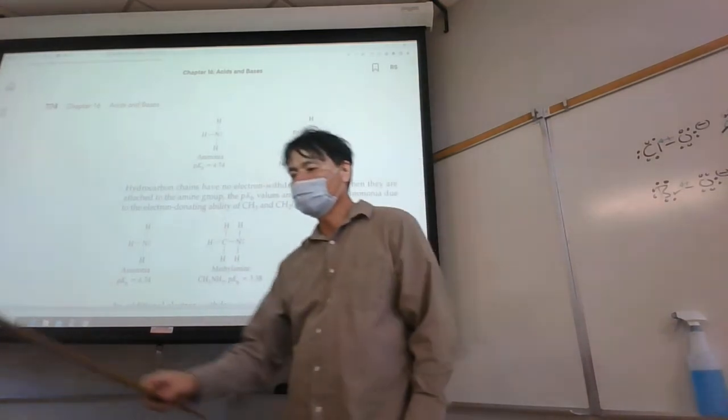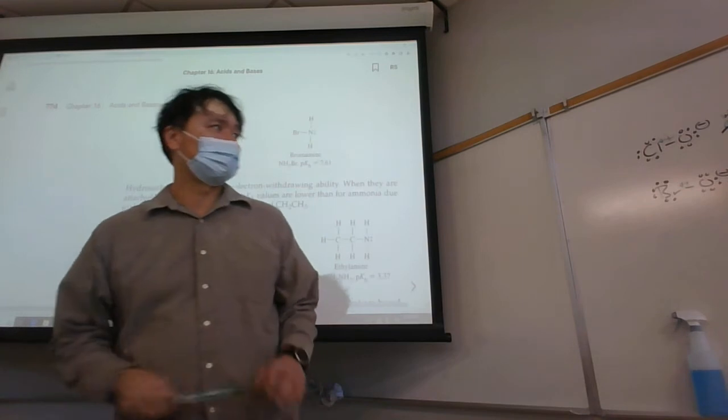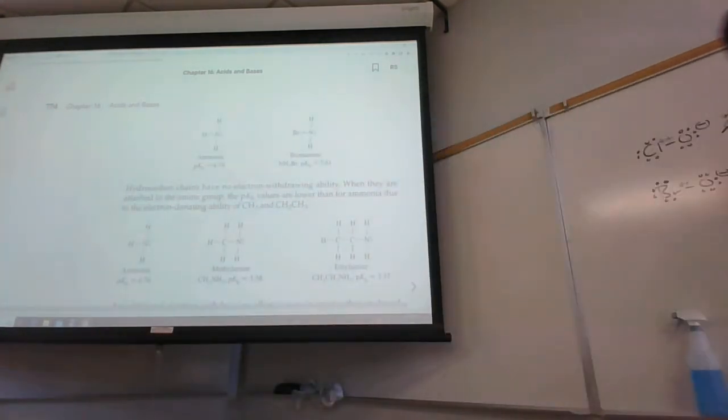In fact, pretty soon we stop calling it an amine. So for example, if we have this nitrogen trifluoride, we don't call this trifluoroamine because this doesn't behave like an amine at all.